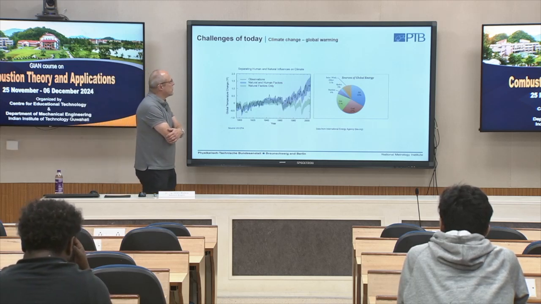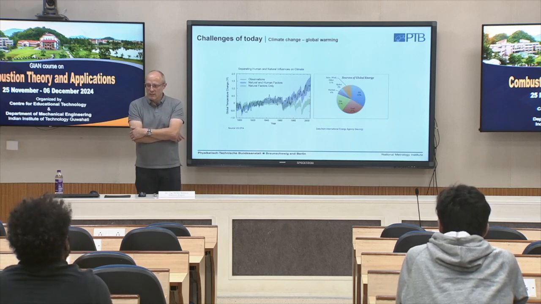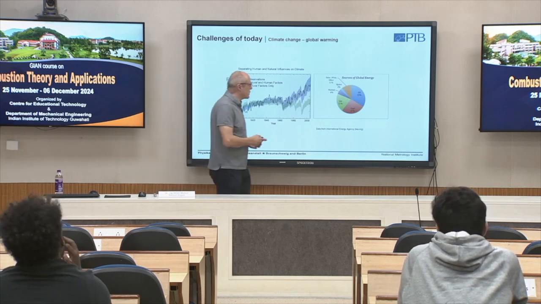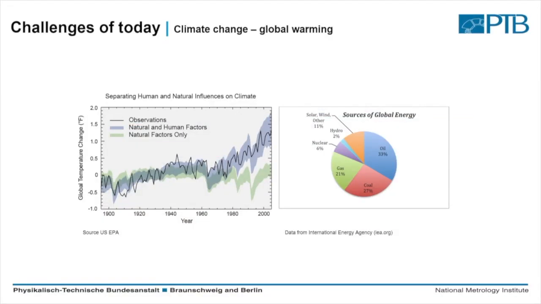Now, of course, hydrocarbons are no longer of interest. Even though you can see here the source of global energy is mainly from hydrocarbons, renewable energy in the whole world has only a small contribution to energy production.